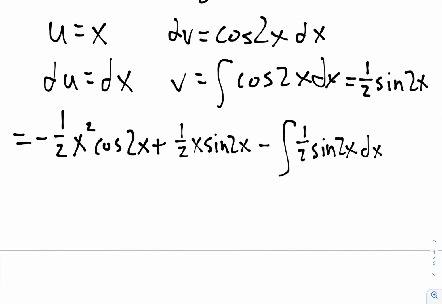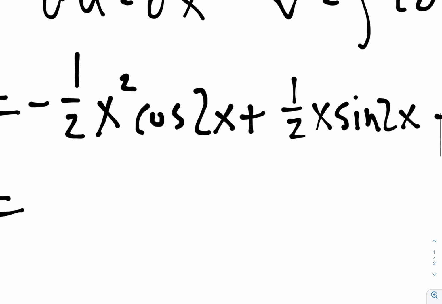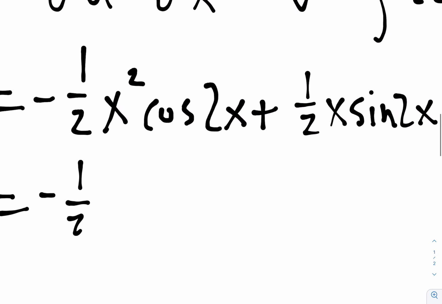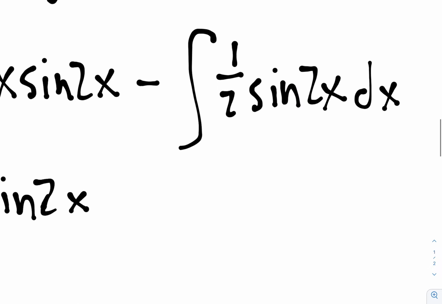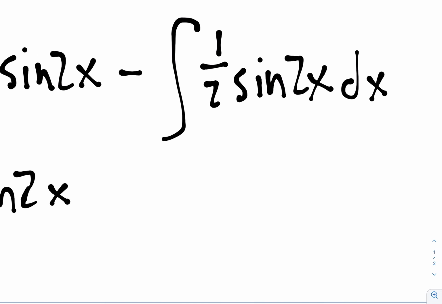Okay, so a couple things we've got to deal with here. I'm going to rewrite this. The stuff on the left is just the same, 1/2 x squared cos 2x. A lot of times with integration by parts, you're carrying the last steps down. It's just one thing you're changing. It's a little bit annoying and redundant, but sometimes it's necessary here.